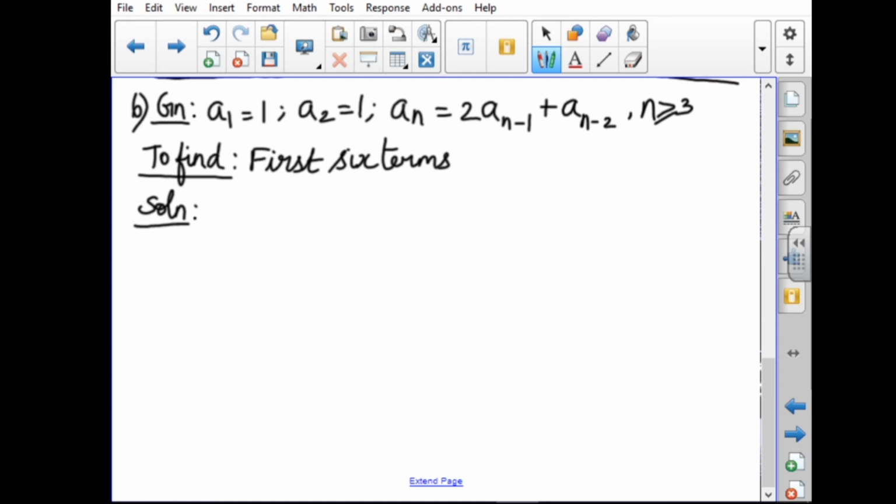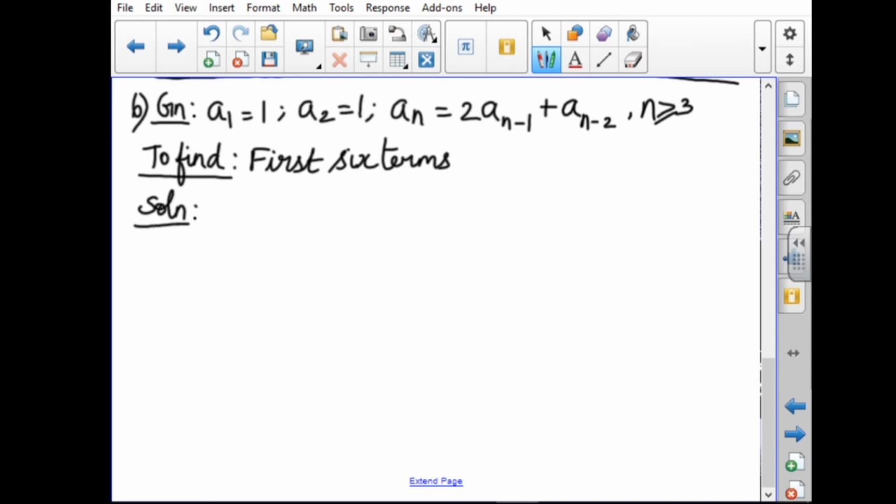Understand the question. A1 is given as 1, A2 is given as 1. An denotes the nth term, meaning A1 denotes the first term, A2 the second term. After the third term onwards, it depends upon the previous terms. If you take A3, it depends upon A1 and A2.